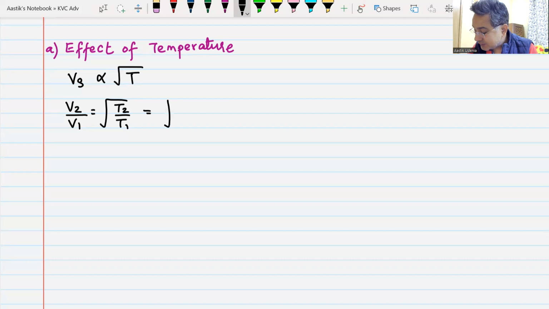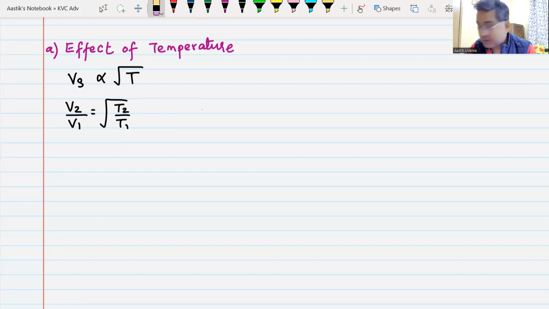You can write it like this, under root of T plus 273 divided by 273, if you take the first temperature as 273 Kelvin or 0 degrees Celsius. Let me not write it here, that will confuse you. V2 by V1 will be equal to under root of T2 by T1. Yes or no? Yes, sir.